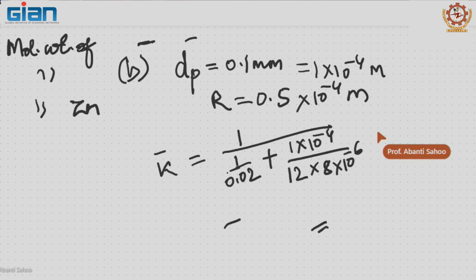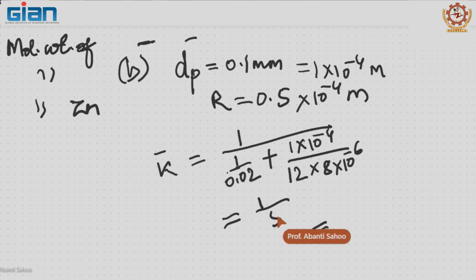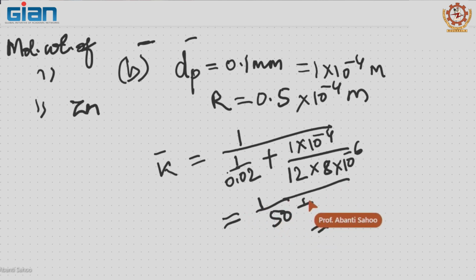If you calculate, this is coming 1 by 50 plus this term is coming 1.042.